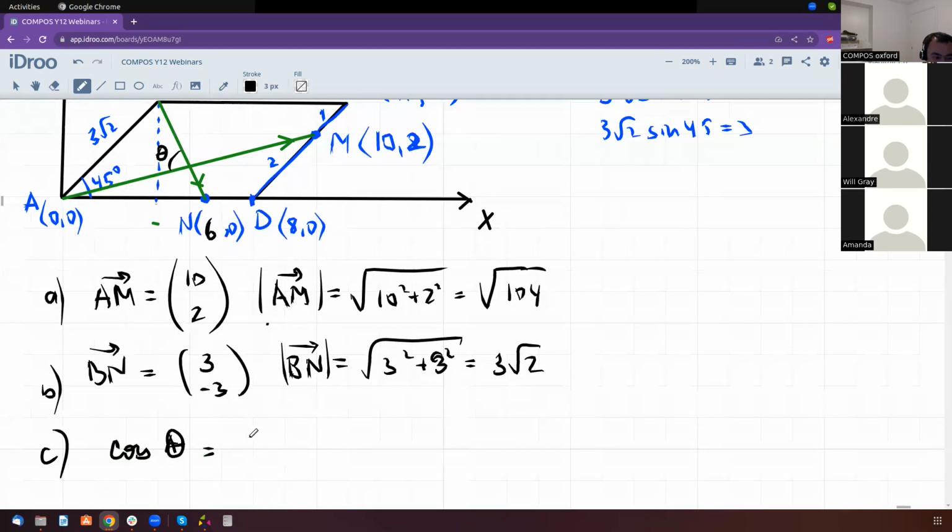Cosine theta is going to be AM multiplied by BN, that's the scalar dot product, divided by modulus AM modulus BN.